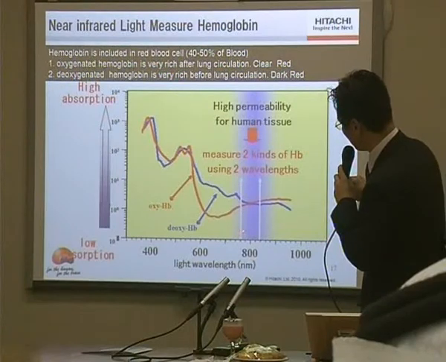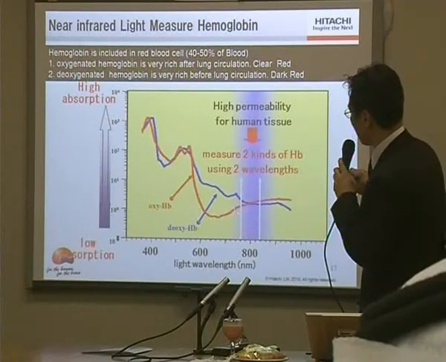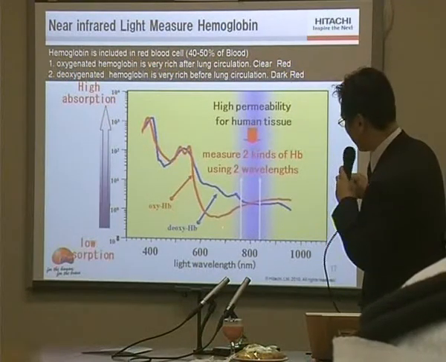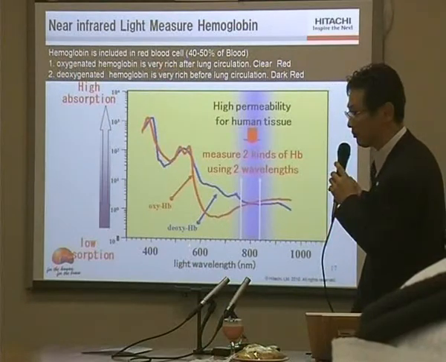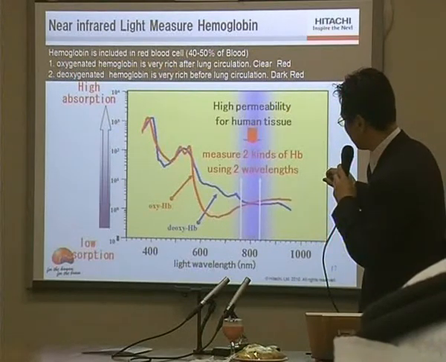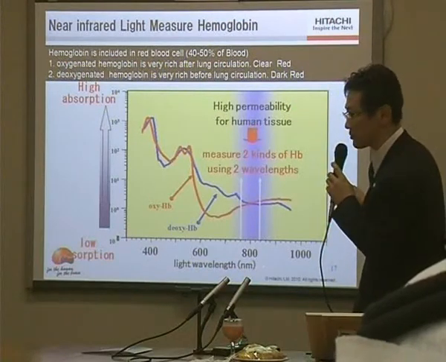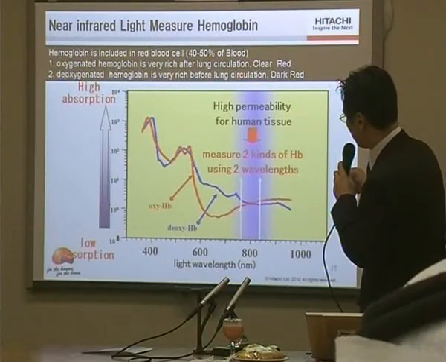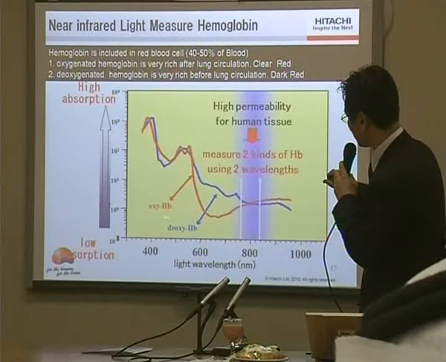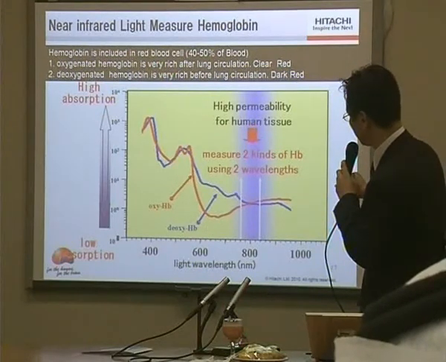and we use two wavelengths because we have two kinds of hemoglobin, and each hemoglobin has a different absorption curve for the wavelengths. And if we use the two wavelengths, we can measure the concentration of oxygenated hemoglobin and deoxygenated hemoglobin in the blood.